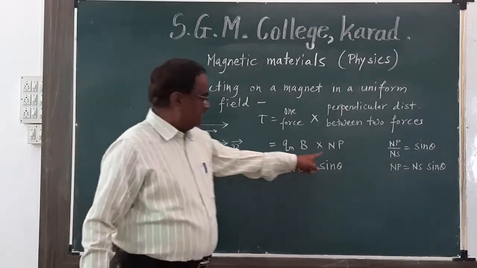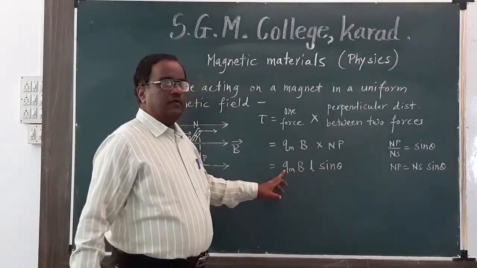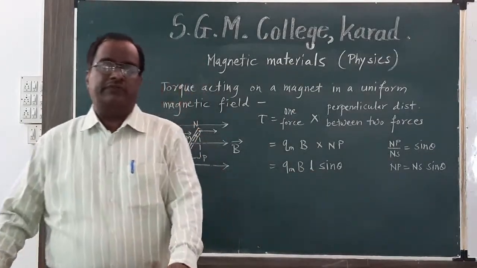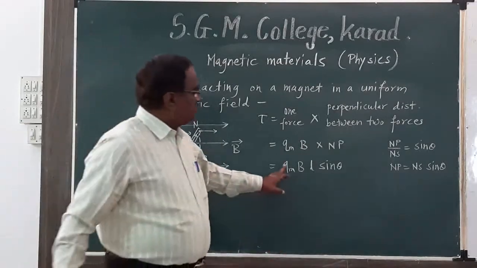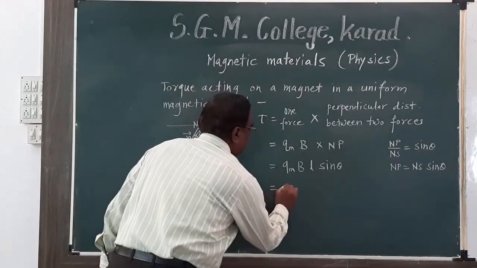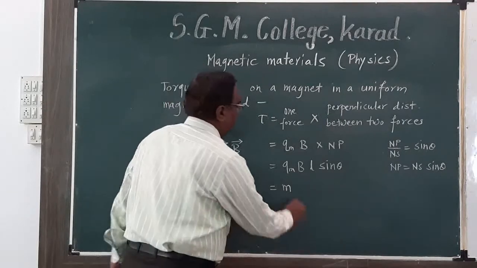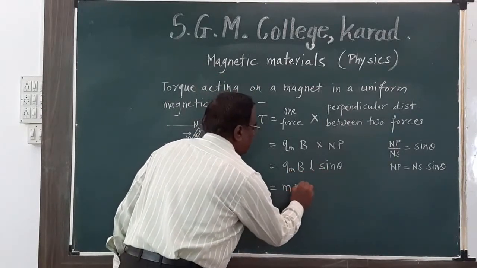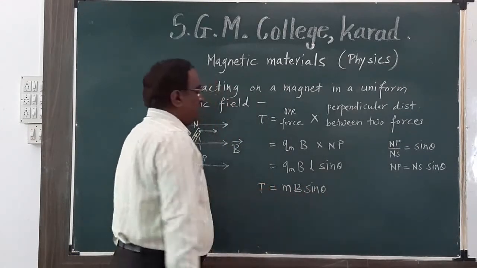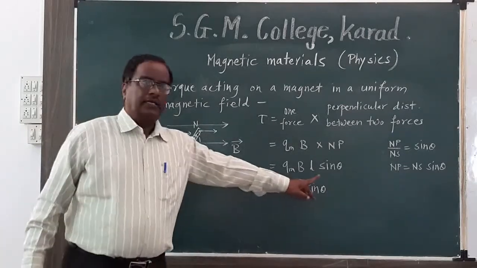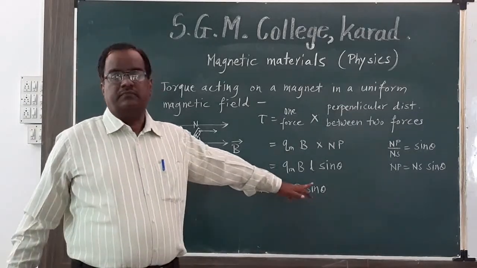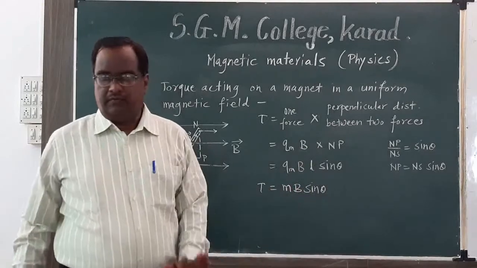Pole strength into magnetic length, we know the formula which we have learned in standard 11, is magnetic dipole moment, small m. Qm into L is m. So torque is m B sin theta. This is the torque acting on a magnet placed in uniform magnetic field.